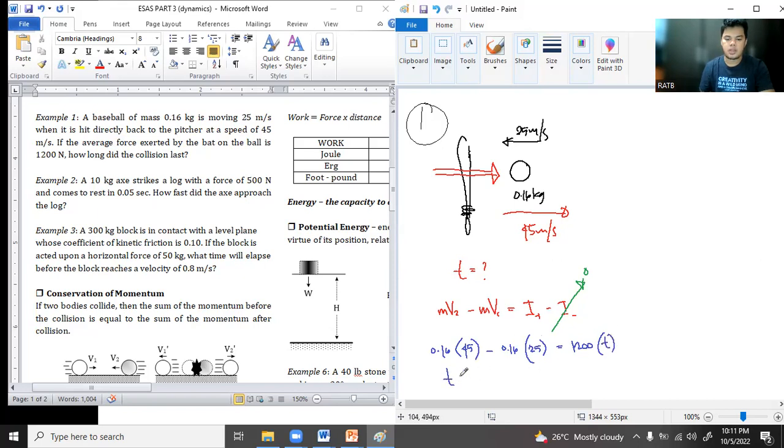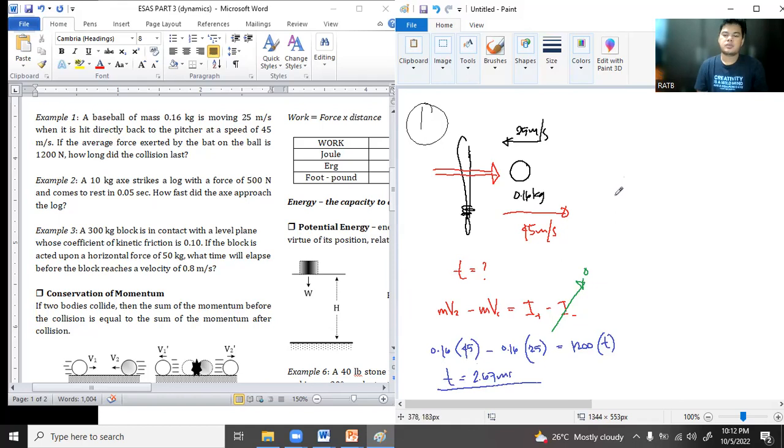Calculating for the time t, you will have 2.67 milliseconds.